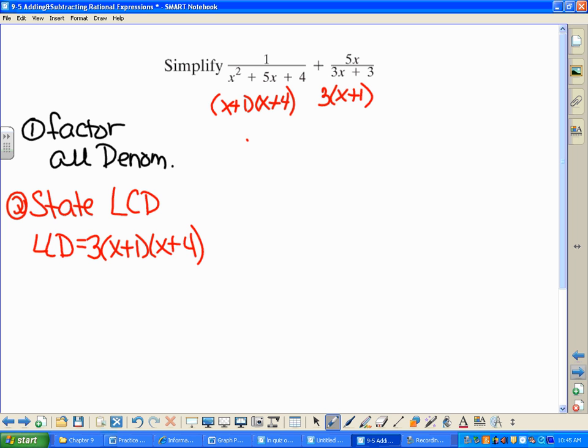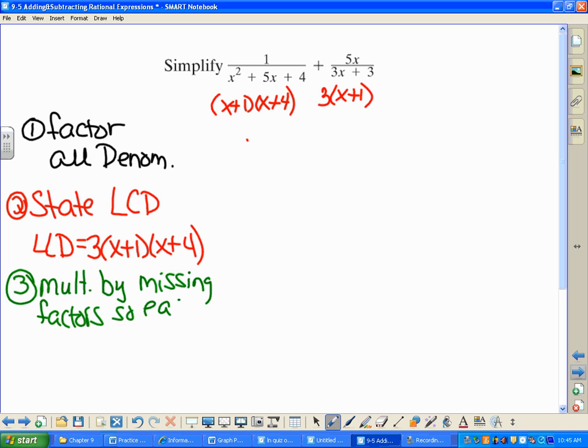Okay. Let's multiply. Let's see, I'm going to say this. Multiply by missing factors. So each fraction has the LCD. All right. Fraction number 1.